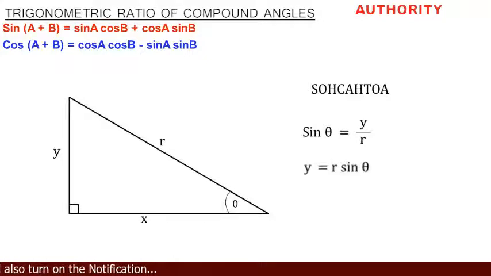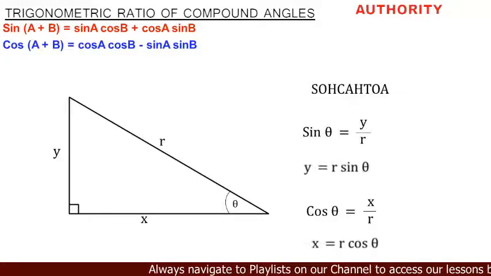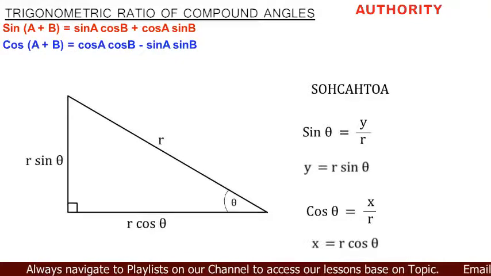And then on the other side, we also find cos theta. When we say cos theta, we're going to have adjacent over hypotenuse, which is going to give us X over R. And when we make X the subject, we're going to see that X is equal to R cos theta. So this X, we can replace it with R cos theta.